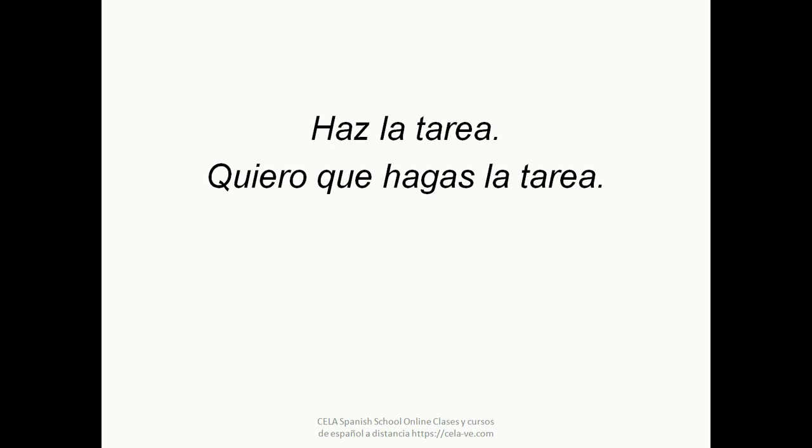Hacer la tarea. I want him to do the homework. The expected action is expressed using the subjunctive. In both cases, I am telling my son to do the homework.